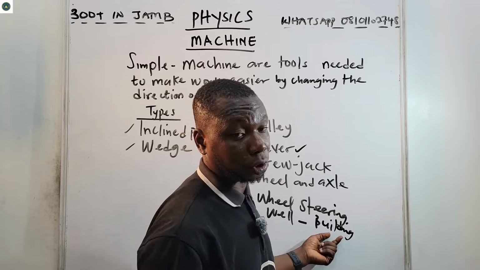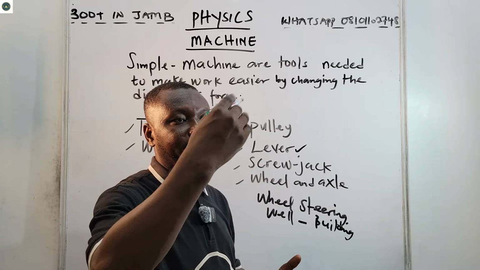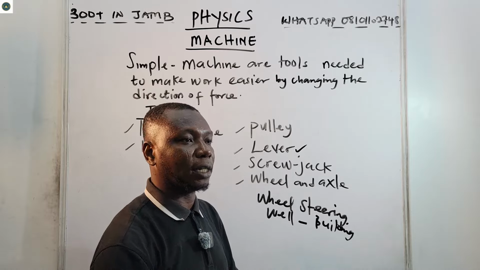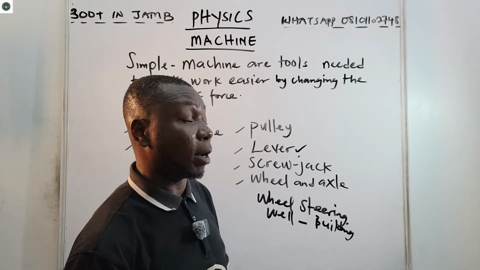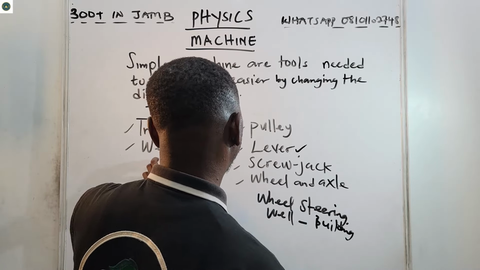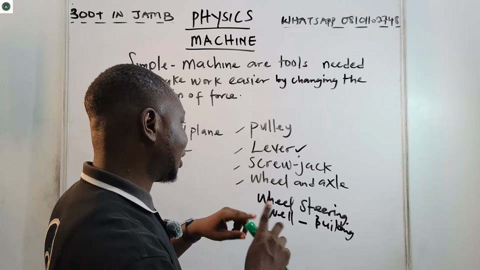At building construction sites, they are mostly used to lift load from the ground to a particular height of about 50 meters. You have the wedge. Maybe you have two inclined planes serving as a machine.